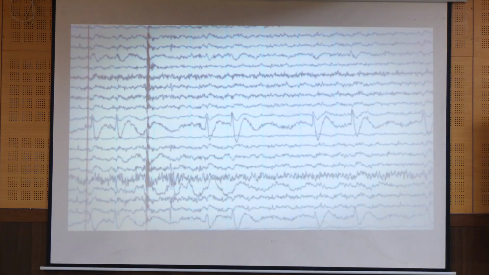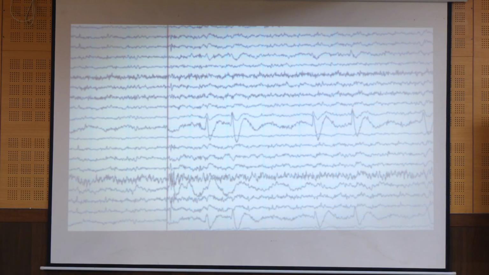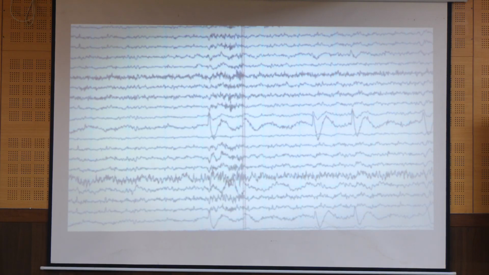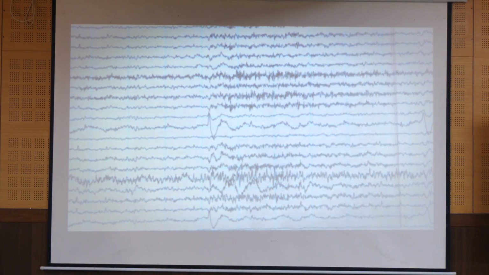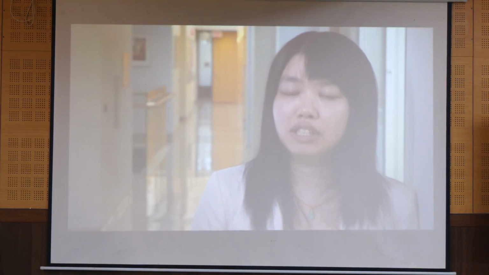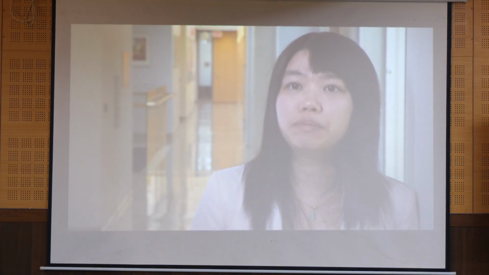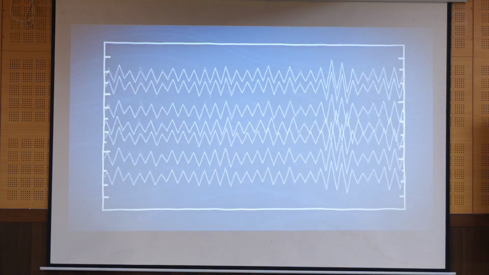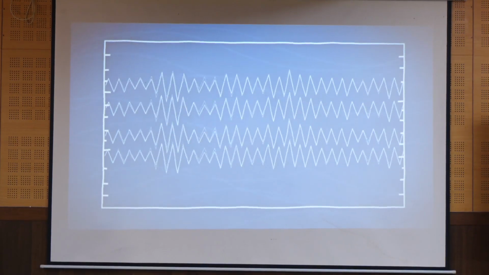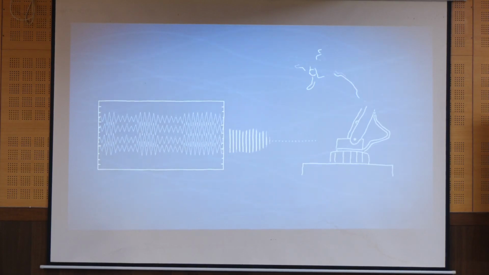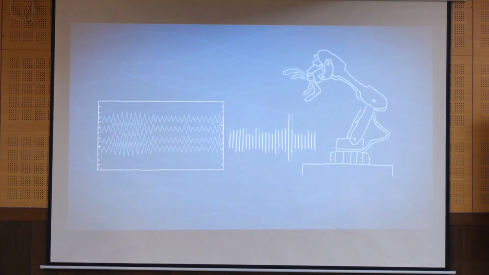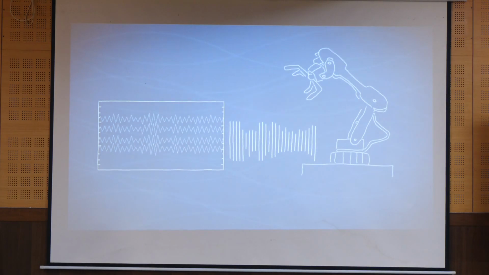First, we can use signal processing methods to analyze the signals to look for specific patterns that occur when you perform a movement. Another very important application is to remove noise from the brain signals. The third one is to extract important information from the brain signals. The machine learning will try to distinguish different brain patterns.